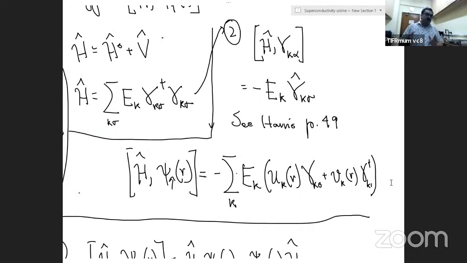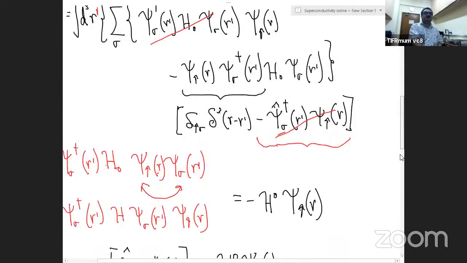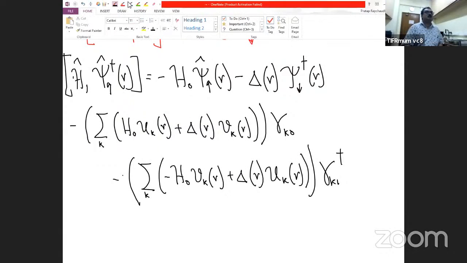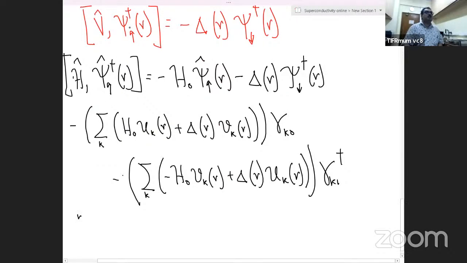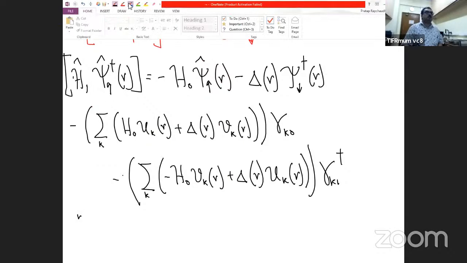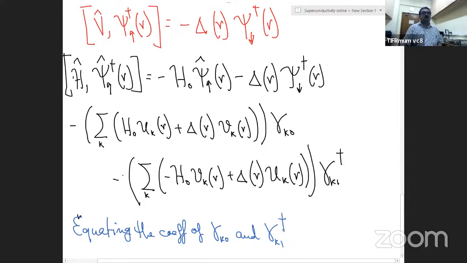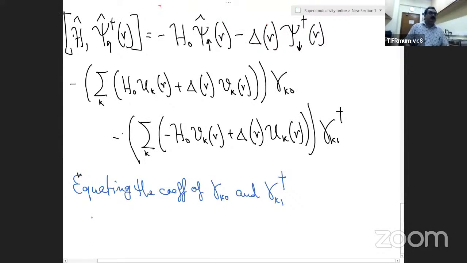So therefore, the coefficient of gamma k0 and gamma k1 dagger in both these forms should be the same. So I will equate the coefficients.